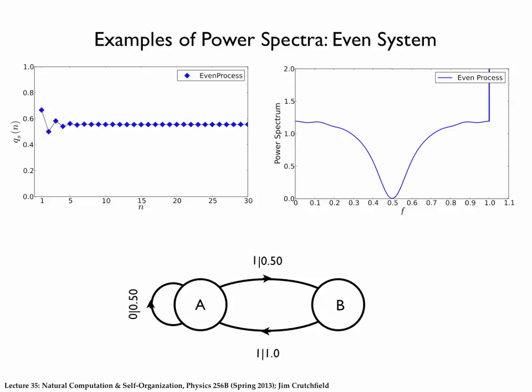We also get at integer f this kind of delta function again, this kind of pure point contribution. And if I were to draw this out to scale, it would go up to about 1100, just the same as it did in the golden mean.